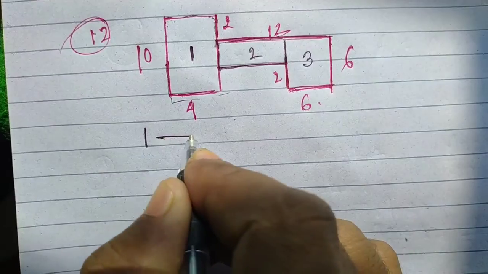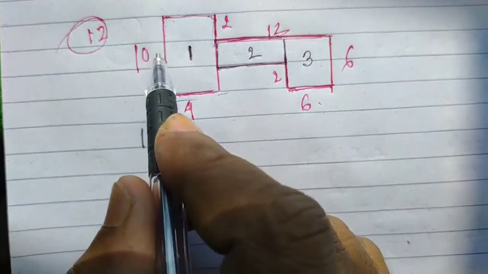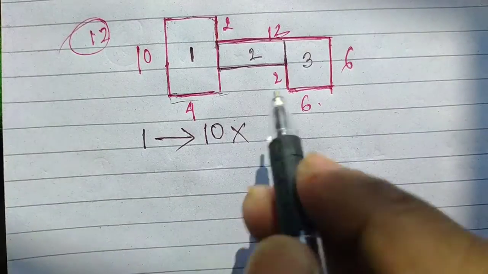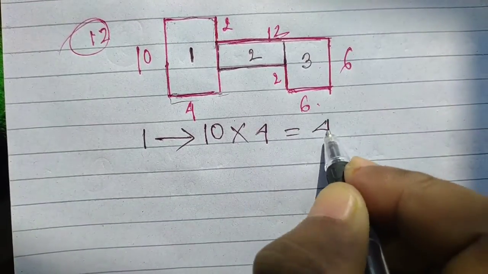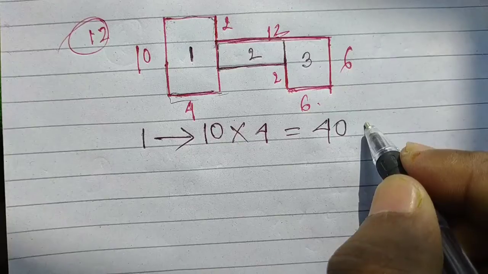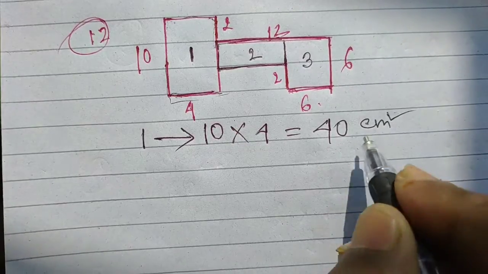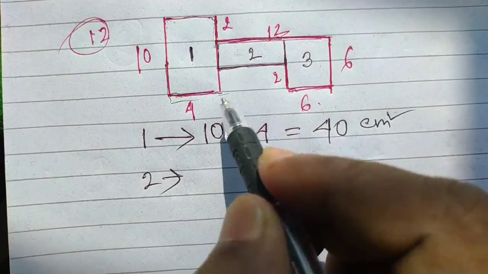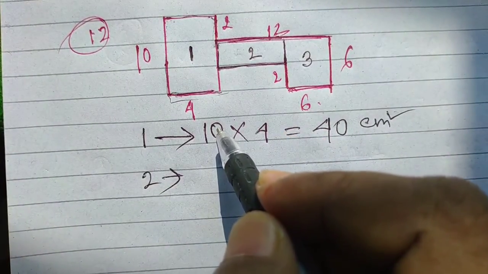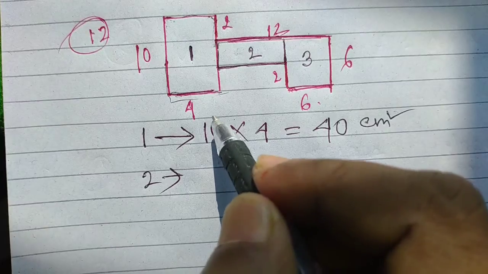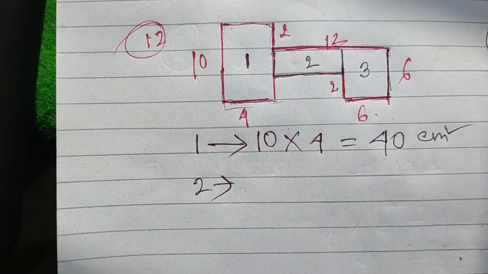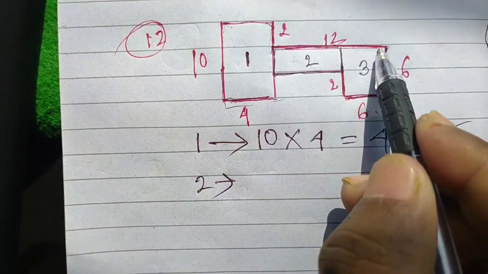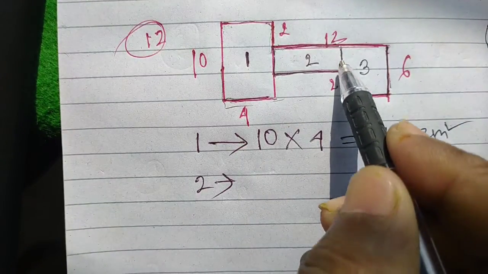So area of 1, here is length equal to 10 into breadth equal to 4. So area will be 40 centimeter square. Next, area of 2. Just try to find the length as well as breadth. So this is total 12, and here this is 6 up to this.